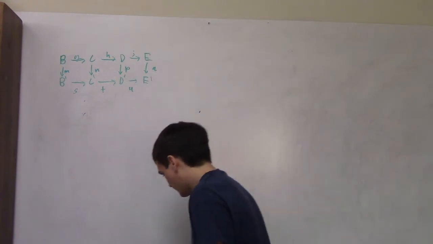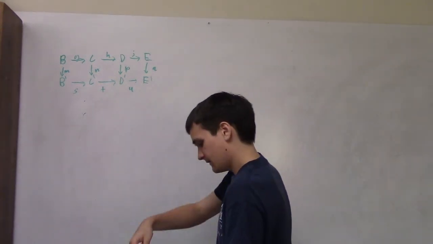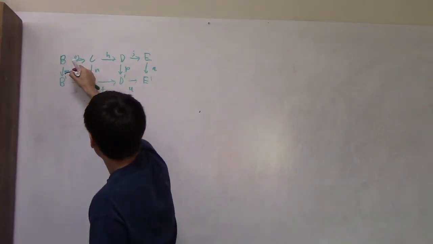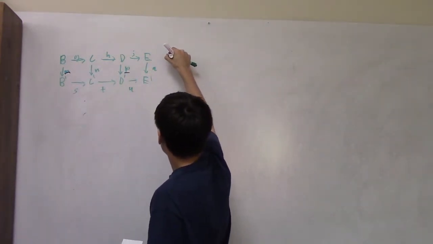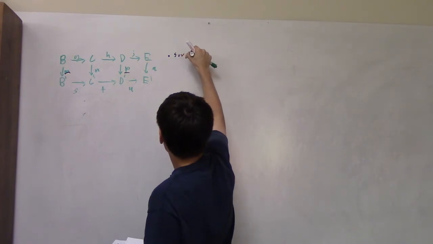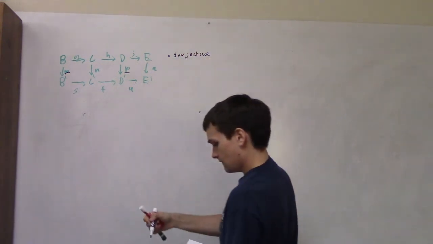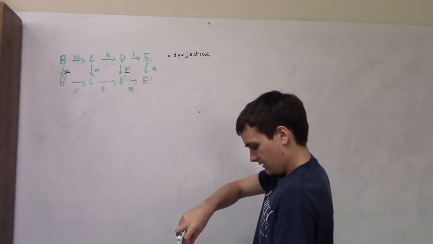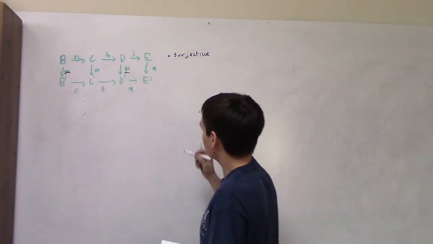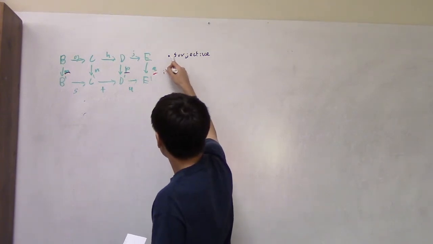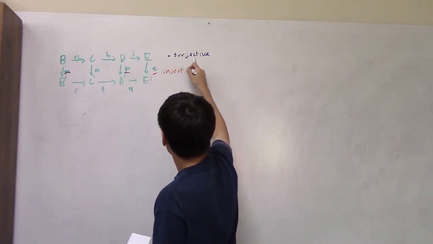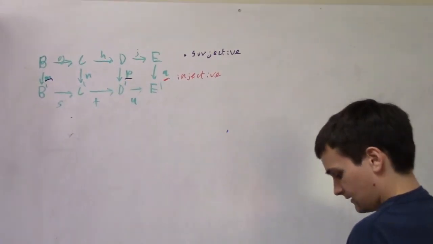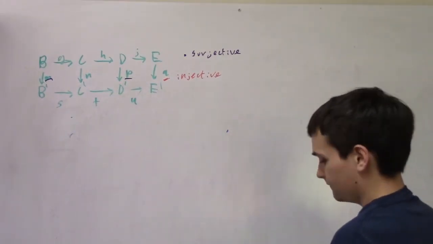So, again, we want to show that if M and P are surjective, and if Q is injective, that implies that N must be surjective.